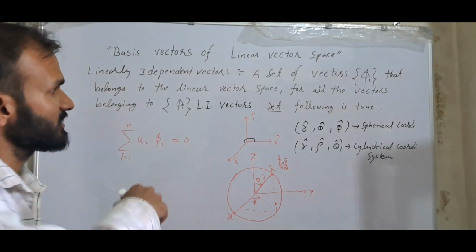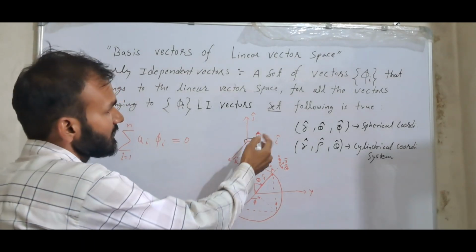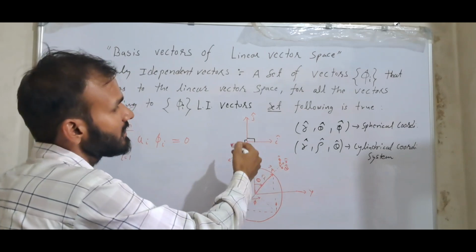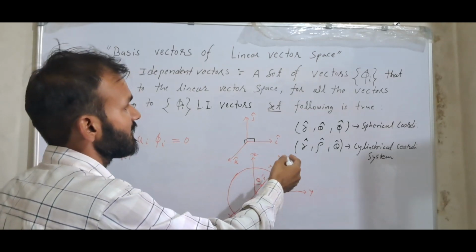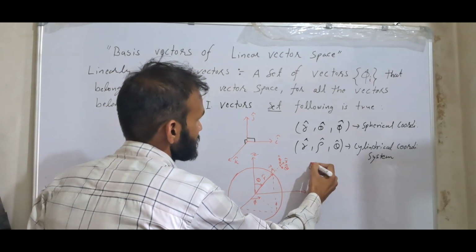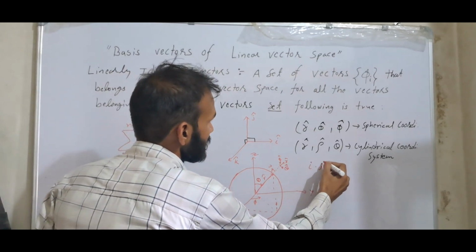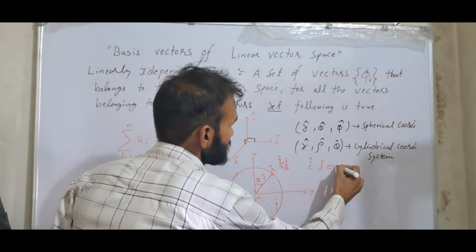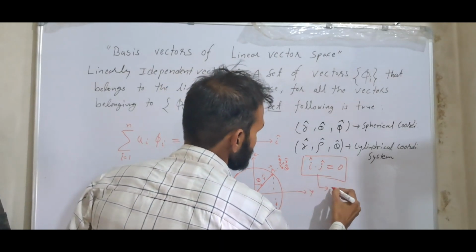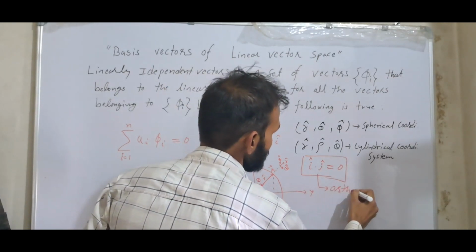This condition, where the dot product of i and j is 0, is orthogonality. We will discuss this condition later on.